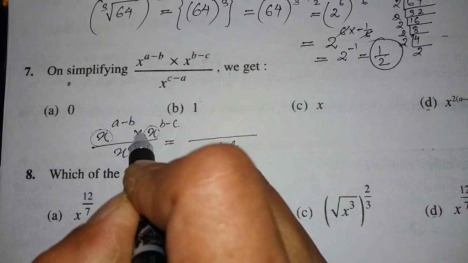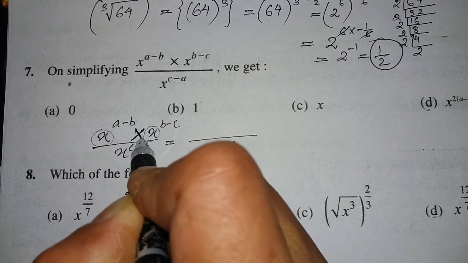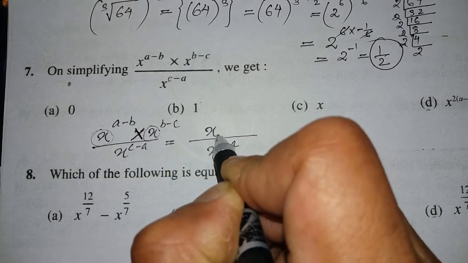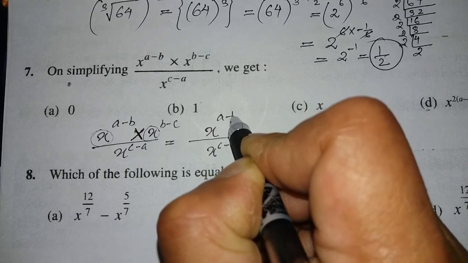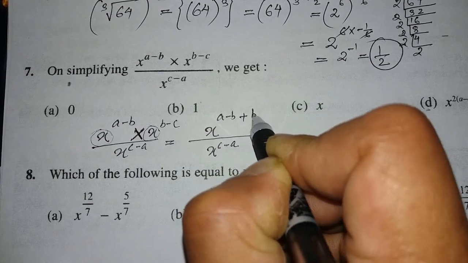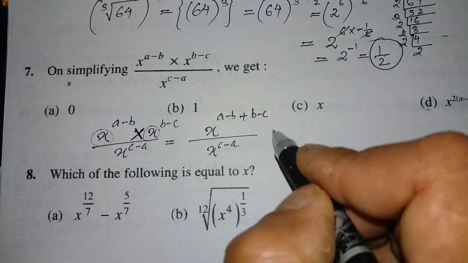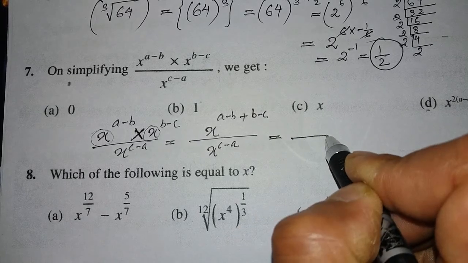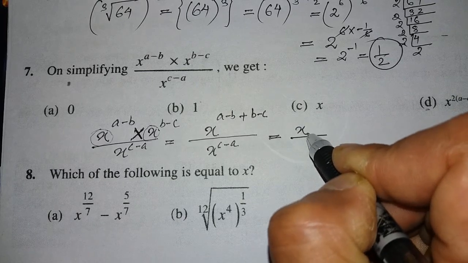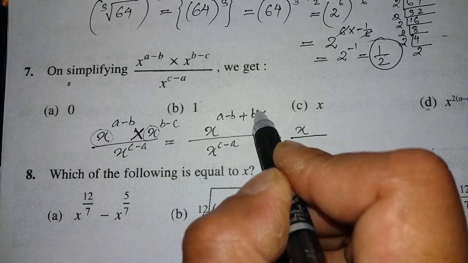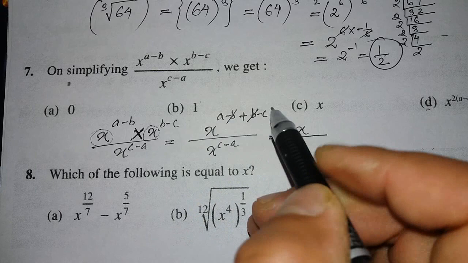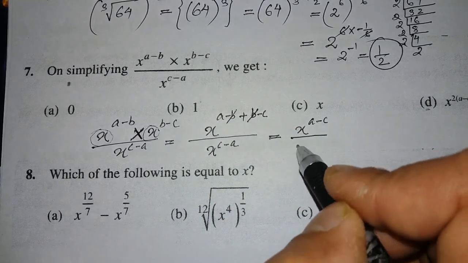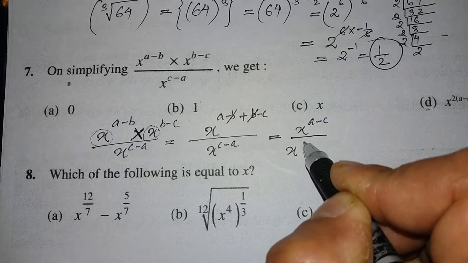If the bases are the same and this is multiplication, then we have to add the powers. So x to the power a minus b plus b minus c. Here minus b plus b is 0, and now we get a minus c. In the denominator we have x to the power c minus a.